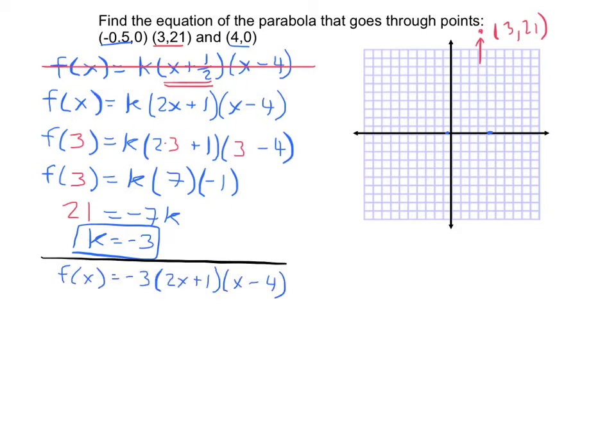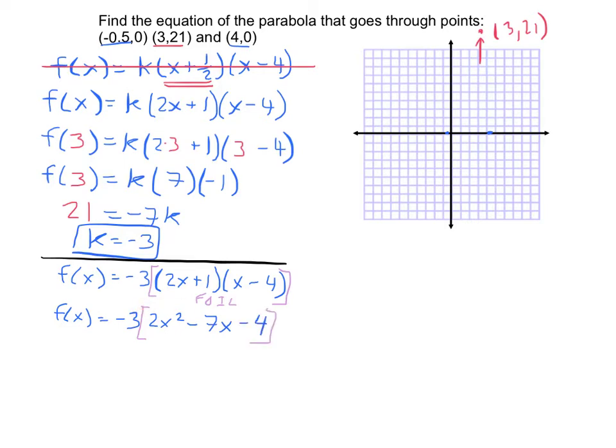All right, now we got to expand this out. I am going to FOIL, always dealing with the factors first. So let's see, the first one, 2x times x, I'm getting 2x squared. 2x and negative 4, I'm going to get negative 8x. The inside, I'm going to get positive 1x. That's going to be negative 7x all in all, minus 4.